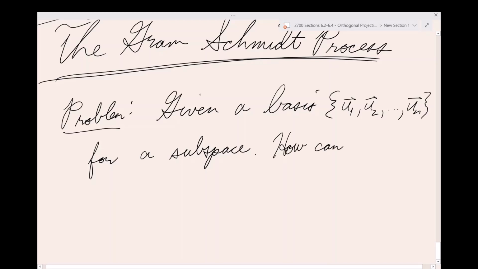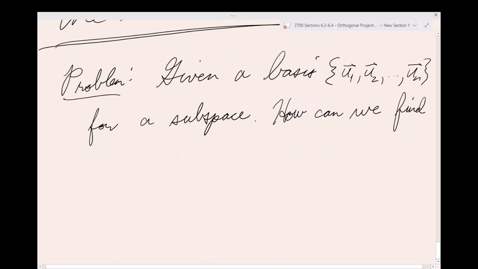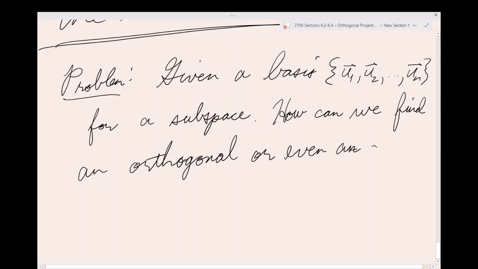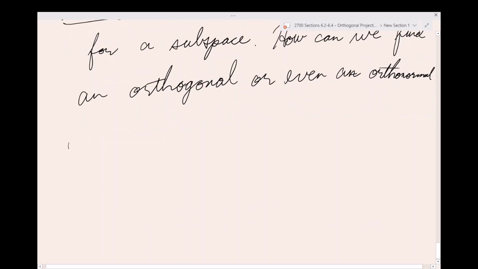How can we find an orthogonal, or even if you want to take it that one extra step, an orthonormal, which means you just find the orthogonal basis and scale them to have length 1, basis for the same subspace. That's the problem we want to solve.